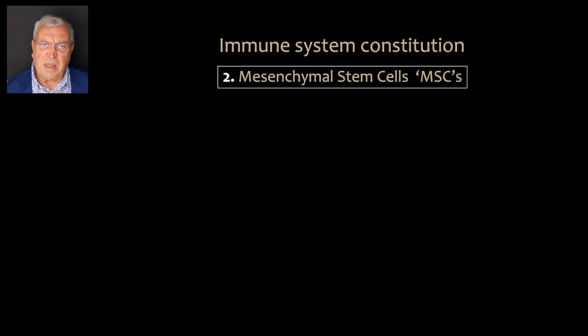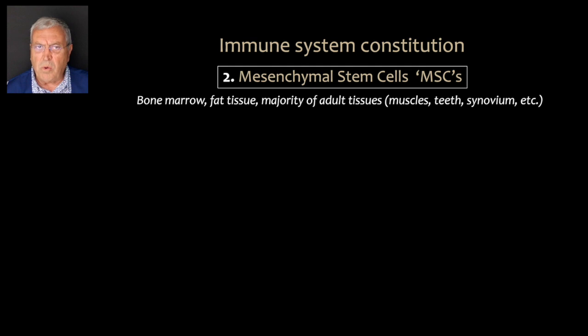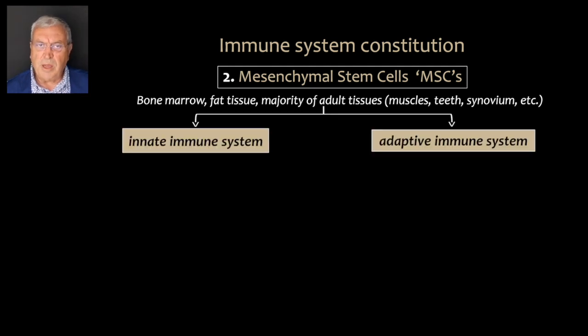The mesenchymal stem cells, we find them in the bone marrow, the fat tissues, the majority of adult tissue such as muscles, teeth, synovium. What's their function? It's to regulate the two immune systems, innate and adaptive.